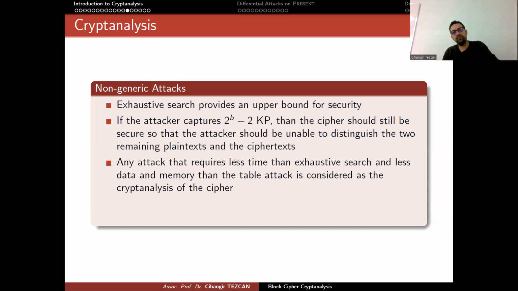Okay? Because once you lose your faith in that cipher, you will say that maybe better attacks will come up. So if somebody breaks the cipher in a good way, then maybe it is time to move on. It also depends on the scenario. For instance, if a new cipher is going to be a standard, and if we find a theoretical attack in a competition, then we directly eliminate it.